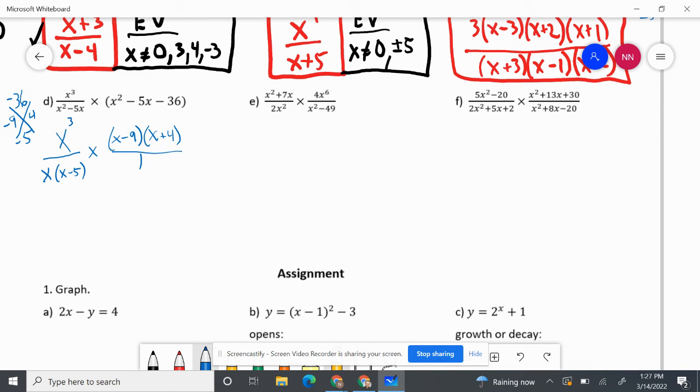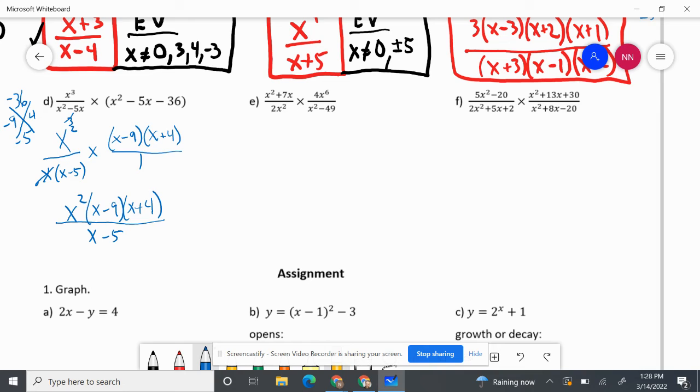So when we're looking at this, we see that the x and the x cubed can cancel. And so that gives us x squared and then x minus 9 and x plus 4. Our denominator would be x minus 5.